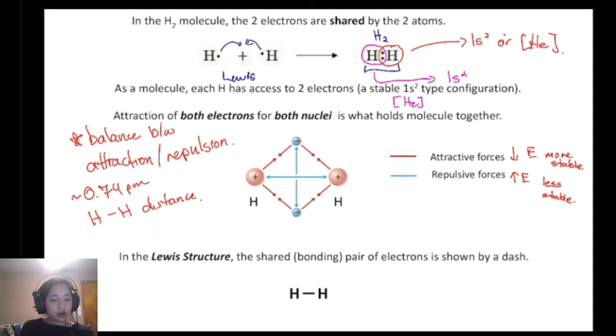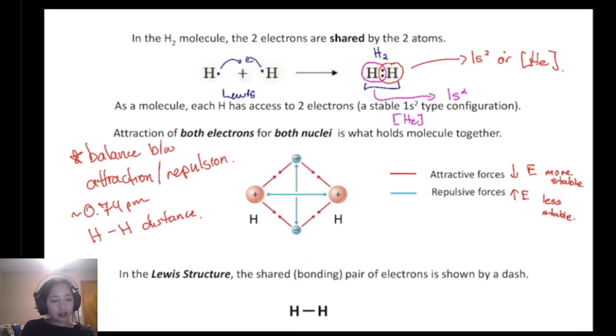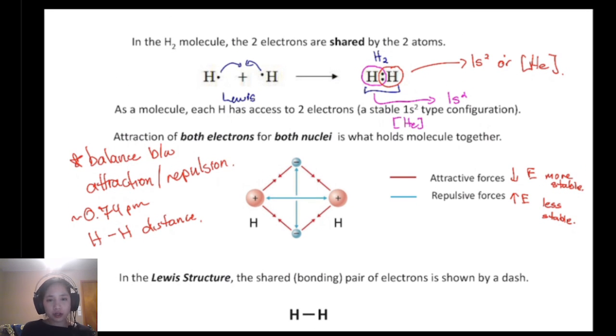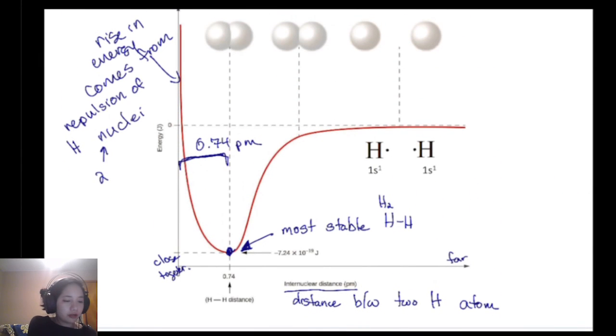All right. So if we think of this diagram and the attractive versus repulsive forces, you can think as we go along this graph, we have two hydrogen atoms and we're bringing them closer and closer together. The graph starts to dip down because attractive forces between electrons and nuclei start to take over.